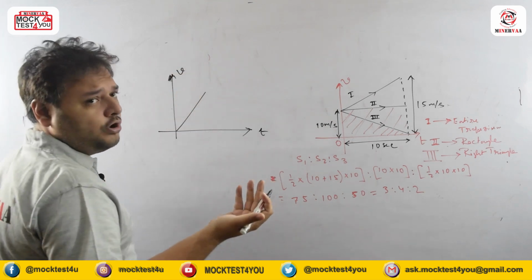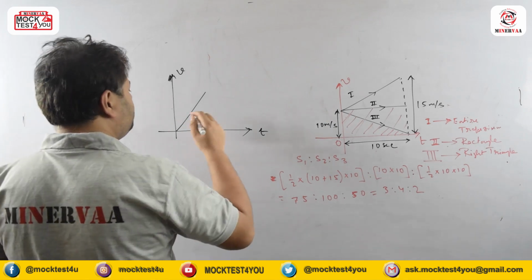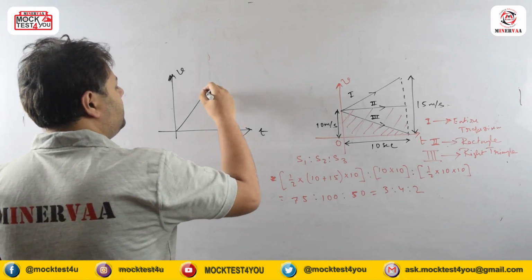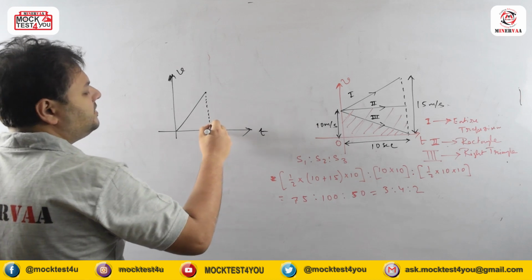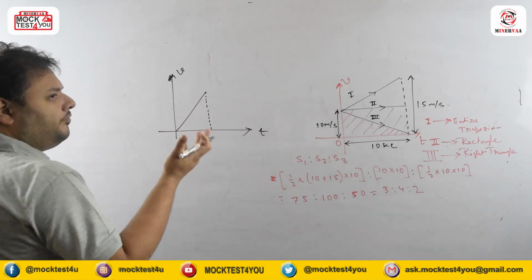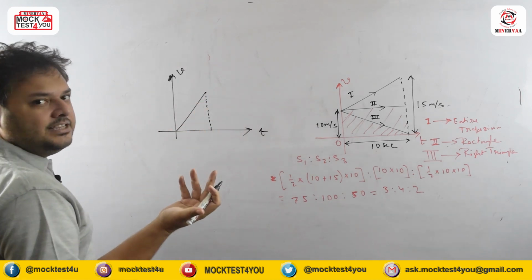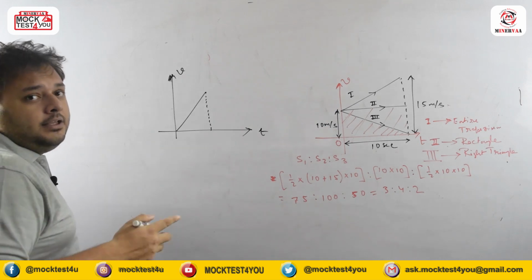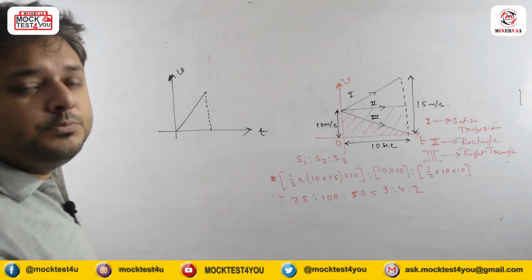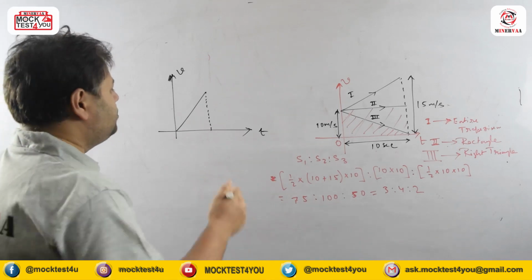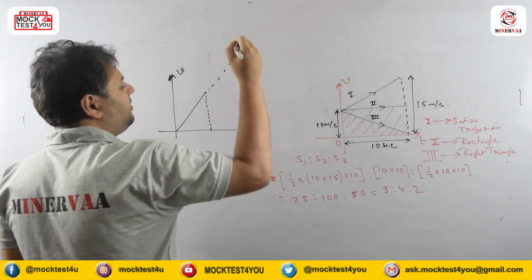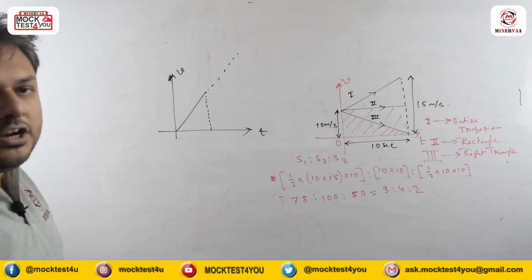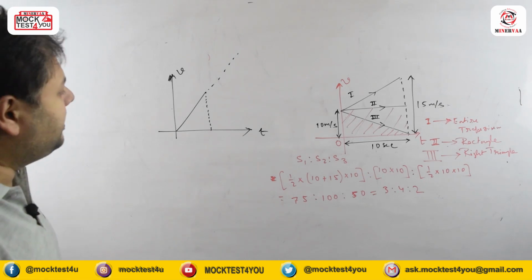When it is moving up, its velocity will decrease. But remember, due to the sandbag's dropping, it is moving up with the same acceleration, so the velocity is not going to decrease as before. So this will be the nature of its velocity time graph.